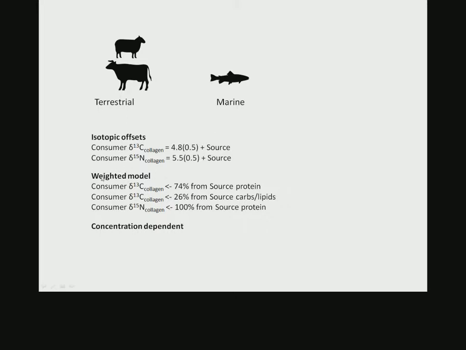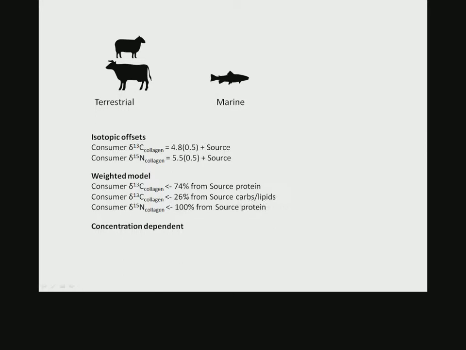So, in the case of the nitrogen measured in collagen, the nitrogen isotopes, it's still fully determined by the protein, but now we have a second fraction, carbohydrates and lipids. And the consumer isotopic signal for carbon is being derived in about 74% from source protein, but there's also a significant contribution, smaller but significant, coming from carbohydrates and lipids of 26%.